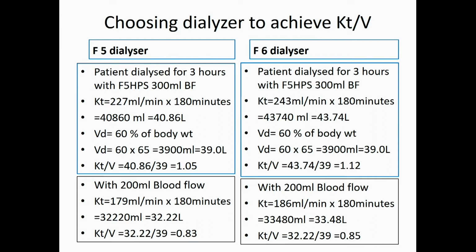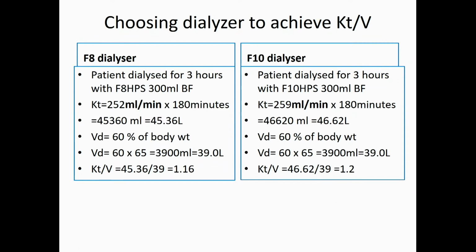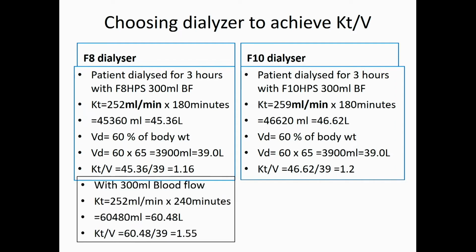Changing the dialyzer, between F5 and F6, is only a 0.02 change in the Kt/V. So you are increasing the cost when you use F8 also, and you are not achieving more. When you're using a 200 ml blood flow, F5, F6 and F8 are all equal. With F8 you may achieve 1.6, and with F10 you may achieve the same in the same patient with the same blood flow, because 259 is the clearance you're going to achieve with 300. With the bigger dialyzer you need to use 400 ml, then you can achieve a much higher clearance.